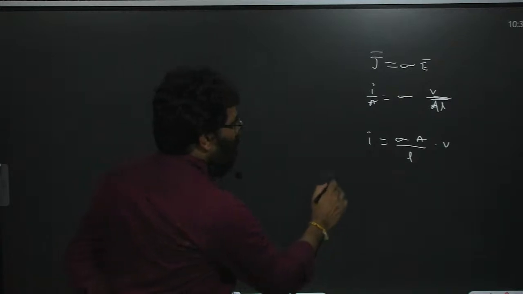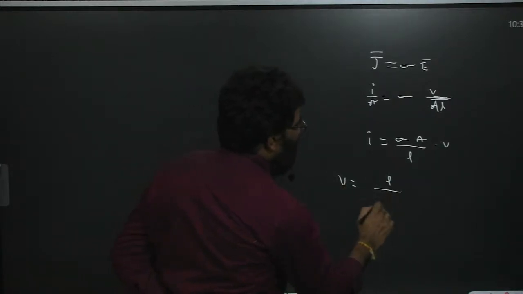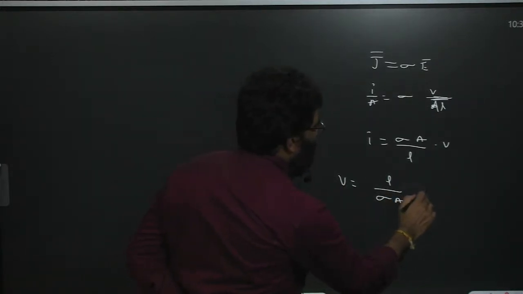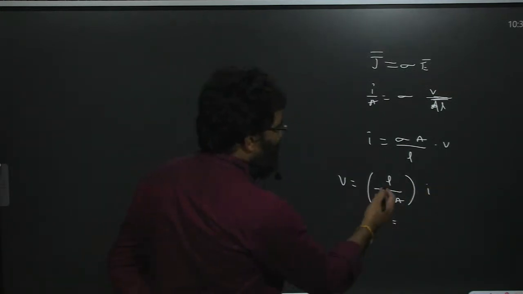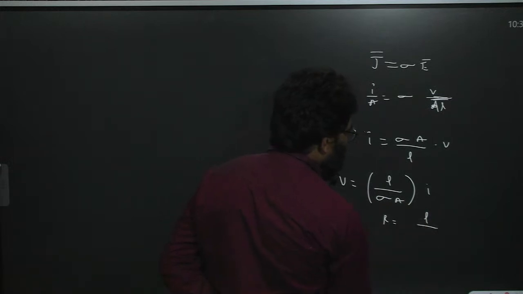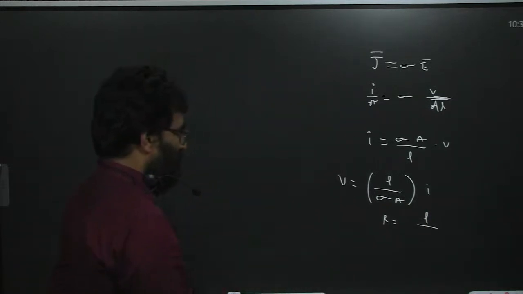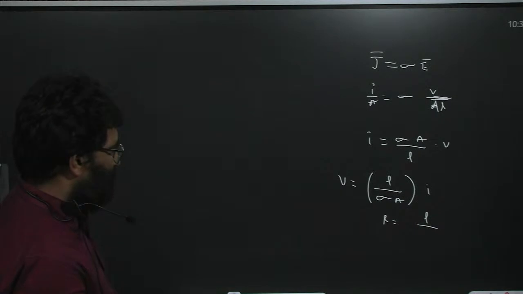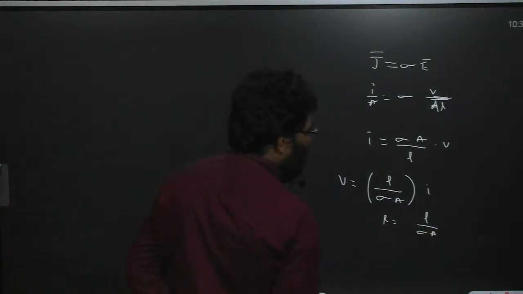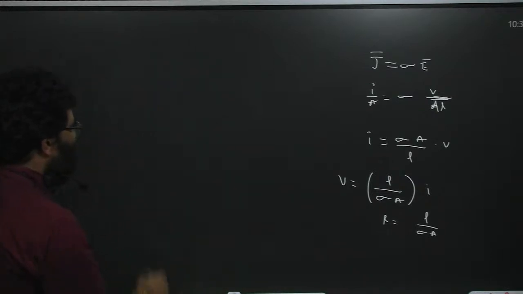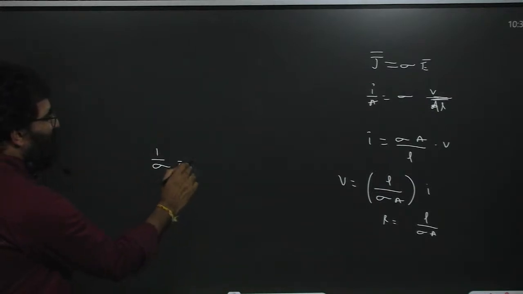Now V is equal to L by sigma A into I. This is called the resistance of the conductor. So resistance is L by sigma A. 1 by sigma is called resistivity, rho.